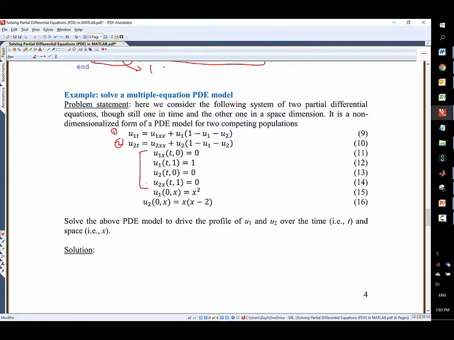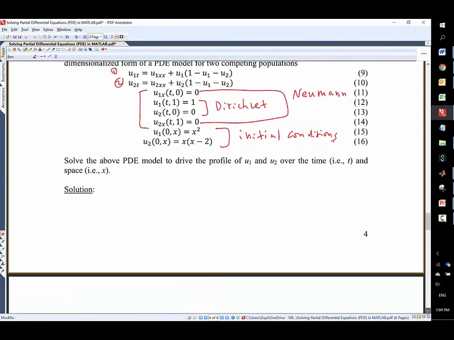If you remember, these two we call Dirichlet condition, the first type of boundary condition, and these two we call Neumann, the second type of boundary condition. And these two are initial conditions, right?